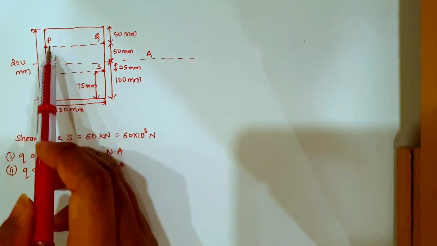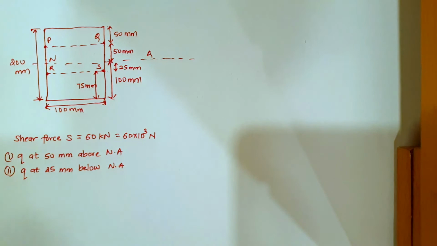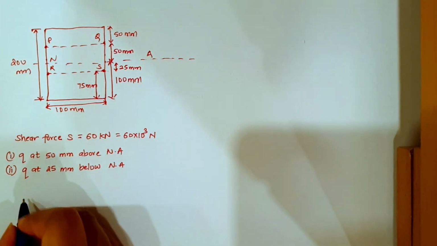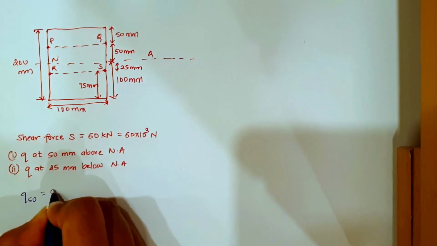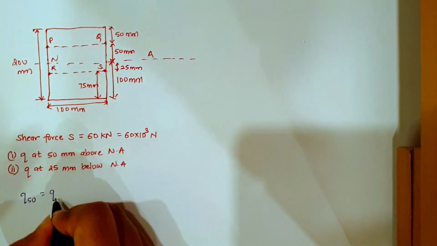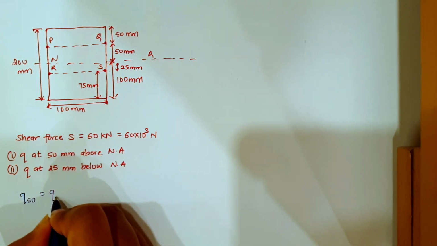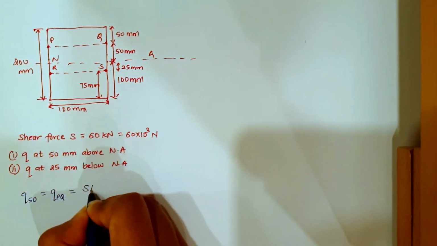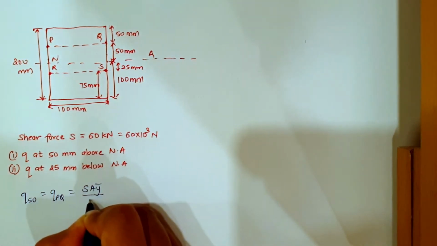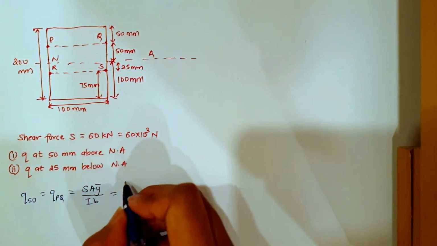So we need to find shear stress at PQ and RS point. So let us see how we can find. If we find shear stress at 50, which is equal to shear stress at PQ will be equal to S A y bar by I B. This is the formula. How much is shear force given?